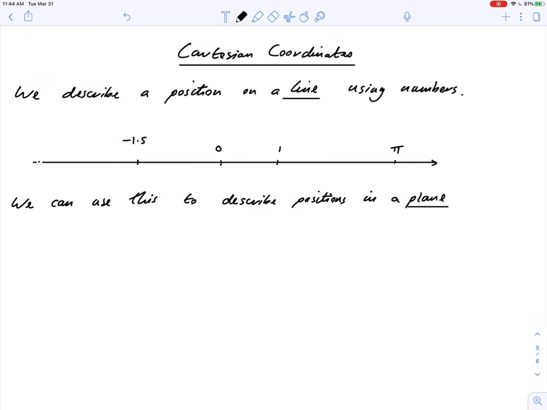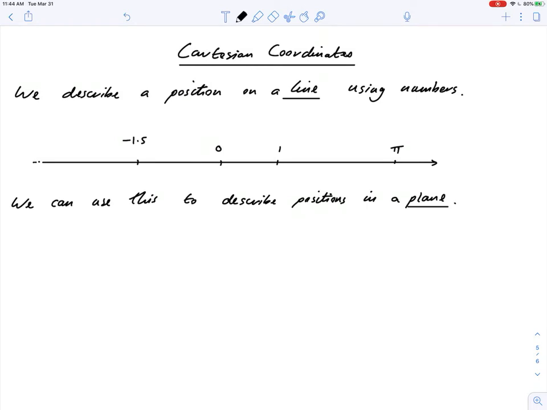So imagine I want to describe a position in a plane. So think about, for example, describing your position on the Earth. Now I know the Earth is a sphere, but let's pretend you're not thinking about the entire Earth, you're just thinking about a small piece of it, right? So the Earth looks flat if you're close up enough.